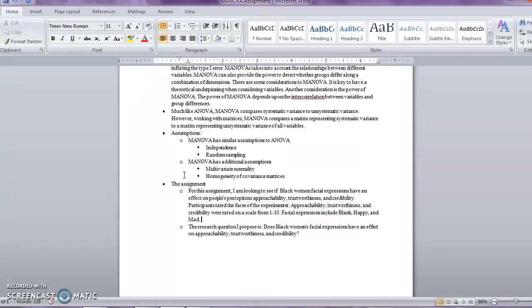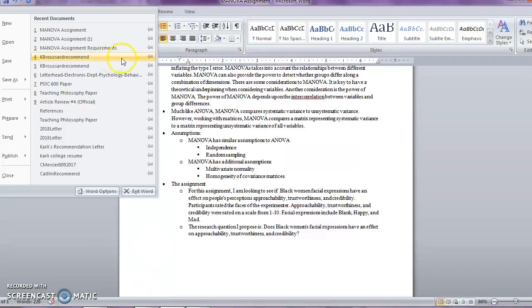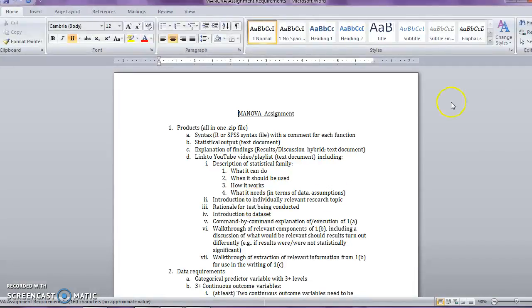So the covariance between those outcome variables, the relationship between them. So in essence, homogeneity of covariance matrices just takes an additional step from homogeneity of variances. That's pretty much it. Let me make sure I captured everything I'm supposed to tell you in this first one. Yep.